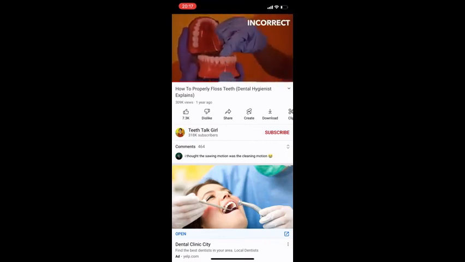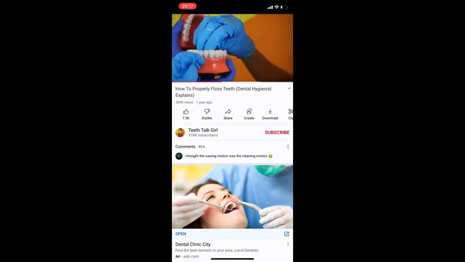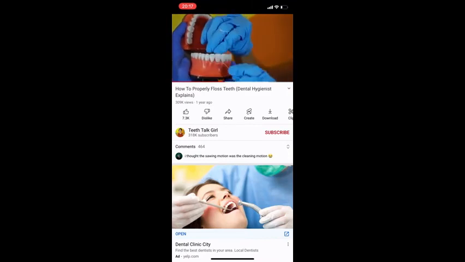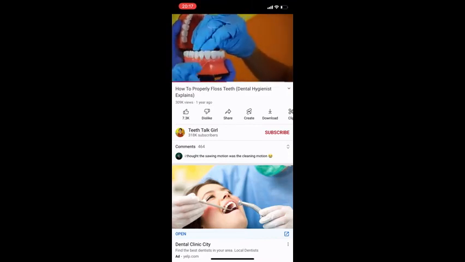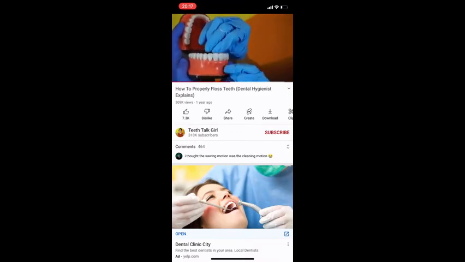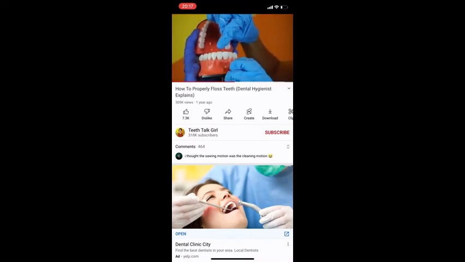What you want to do instead is wrap around the tooth, hugging the side surface of the tooth to the left and then the tooth to the right, scraping the sides of the teeth up and down, which is called the cleaning motion. You do not want to use the sawing motion to clean. This will hurt your gums. The sawing motion is only sometimes used when you're entering between the teeth, and it is always followed by the cleaning motion.